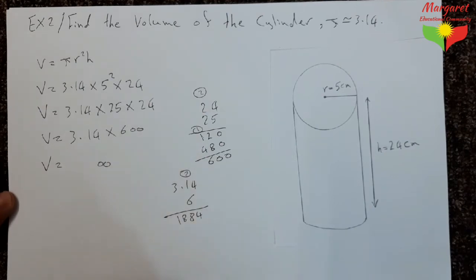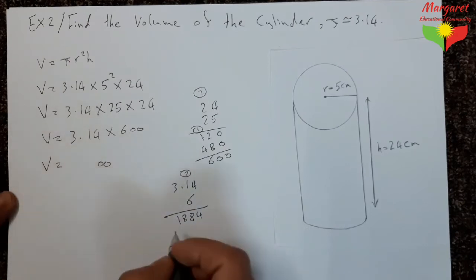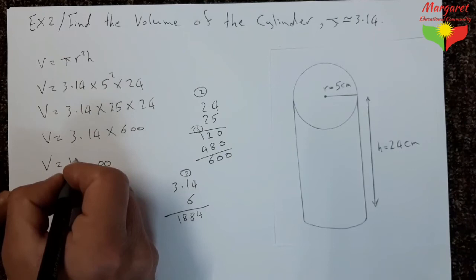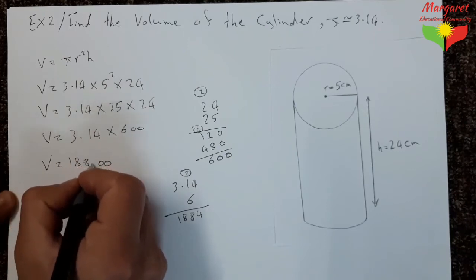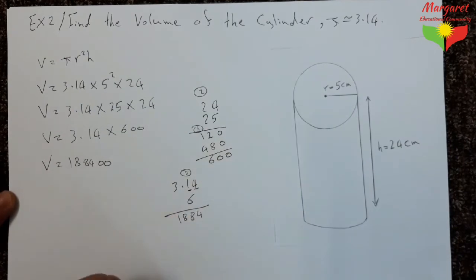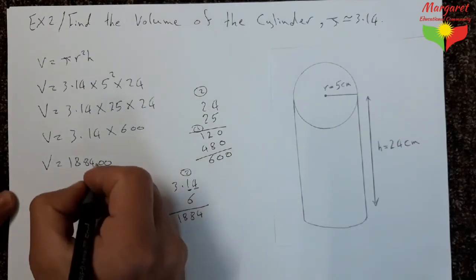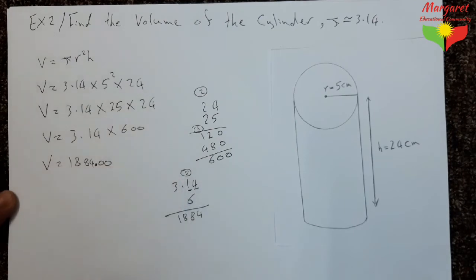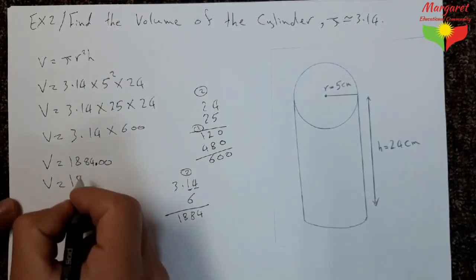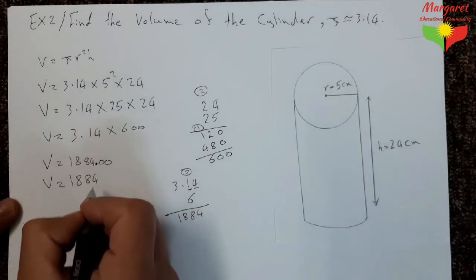So equal to 1884. And we have 2 digits after decimal point. So write decimal point after 2 digits. So V equal to 1884.